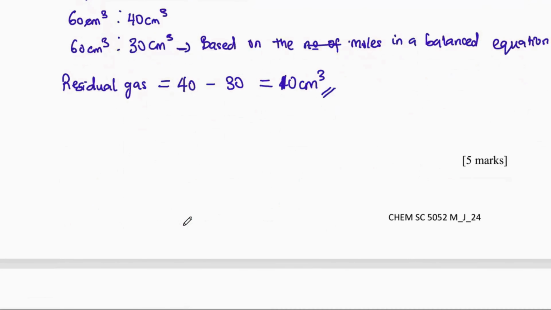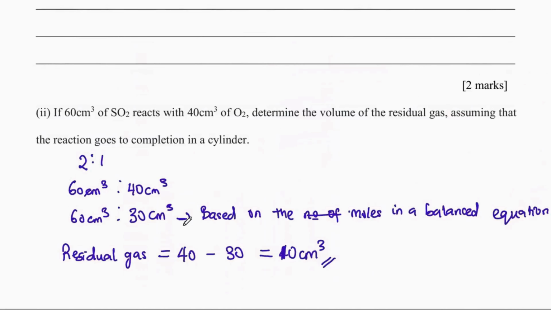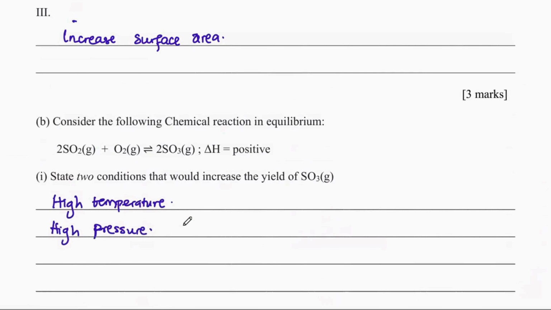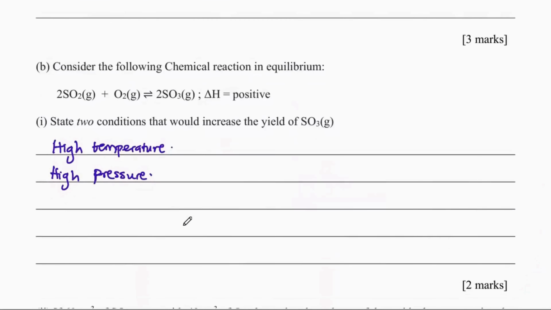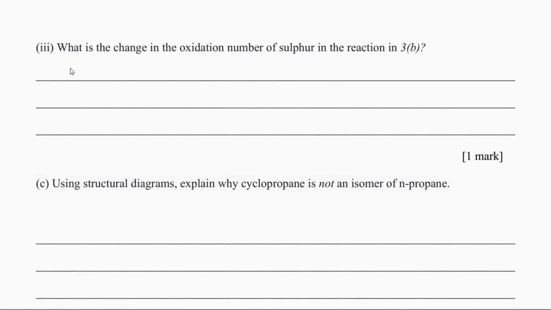Now the next question is, what is the change in the oxidation state of sulfur in the reaction 3B? Now when we see the reaction, we have SO2 in the reactant and SO3 in the product. So if we are dealing with change in oxidation states, we need the oxidation state of sulfur in SO2 and in SO3.